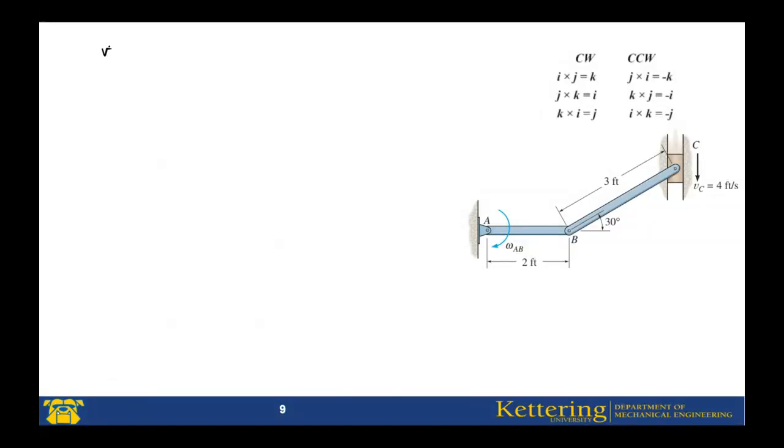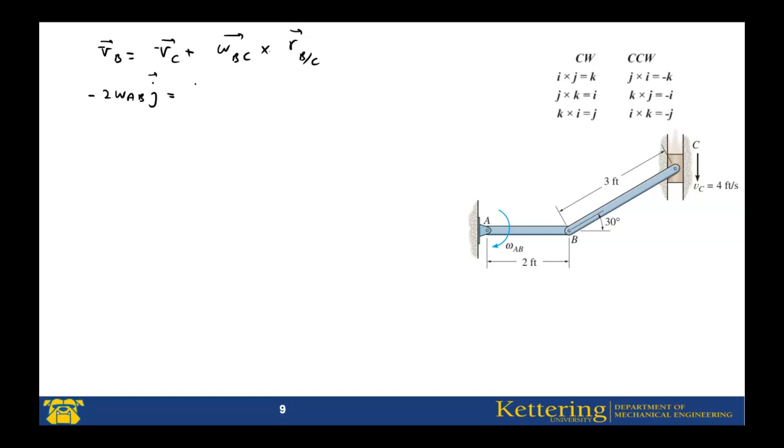Now, from this equation, VB is minus 2 omega AB j.